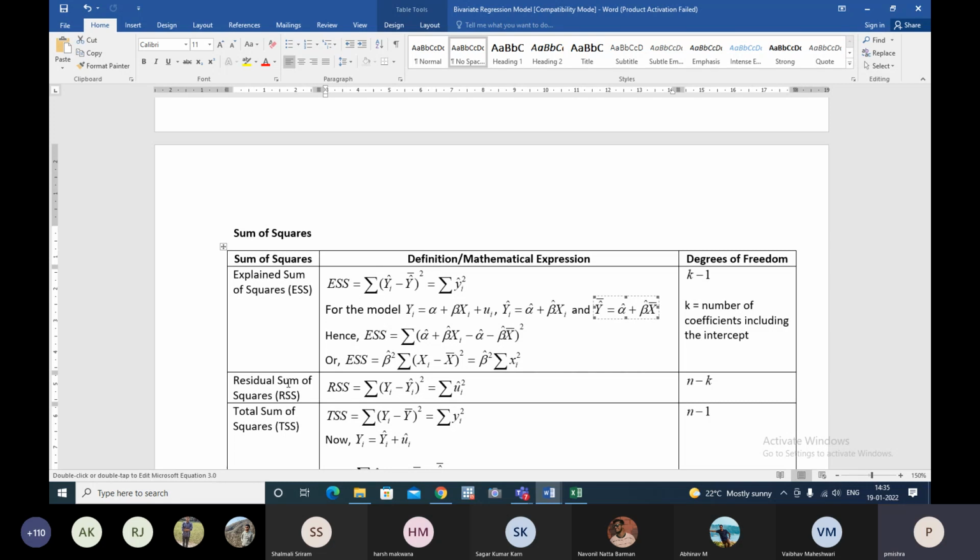And total sum of squares, as I have already discussed, is summation of the square of deviations of y, that is the actual observation of y, from its arithmetic mean.